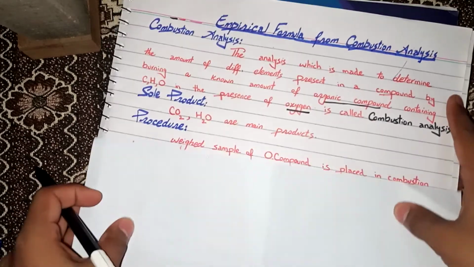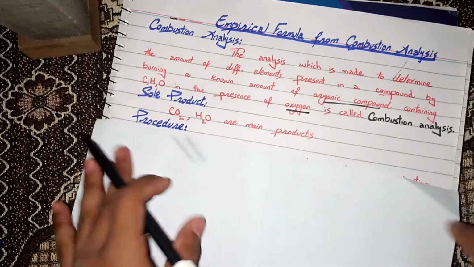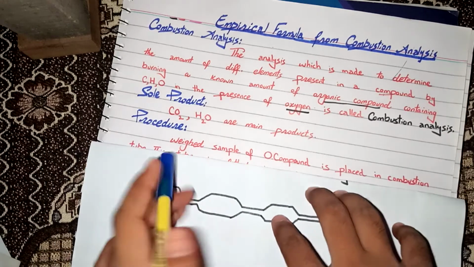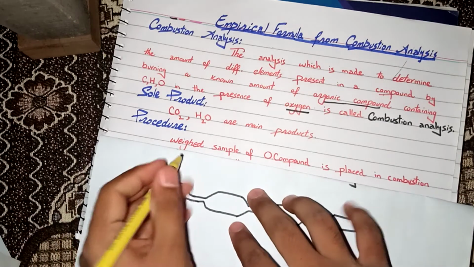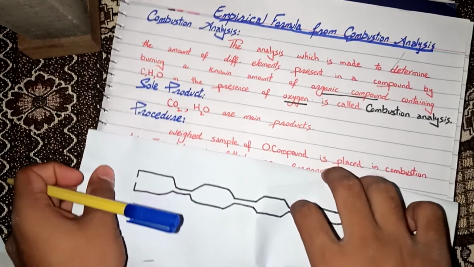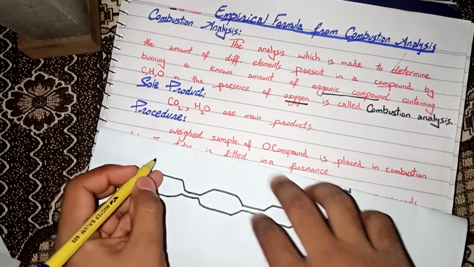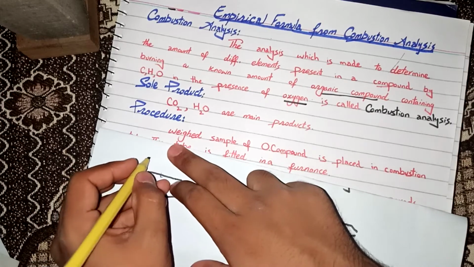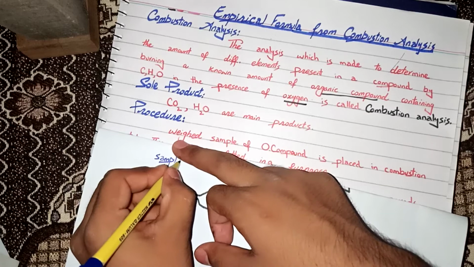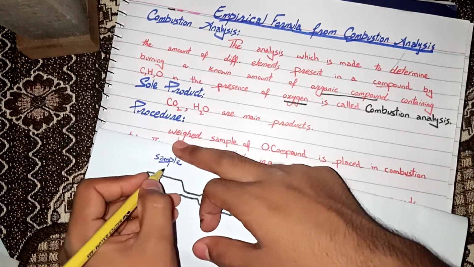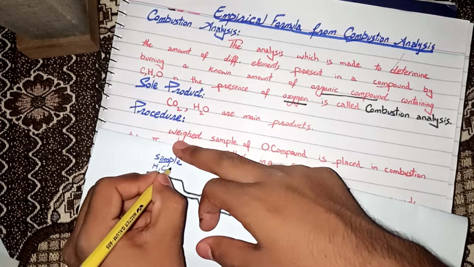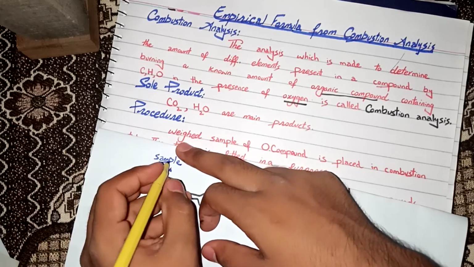Now we discuss its procedure. First of all, this is a combustion tube, in which, in the first chamber, we take a sample, which is an organic compound containing hydrogen, carbon and other elements.